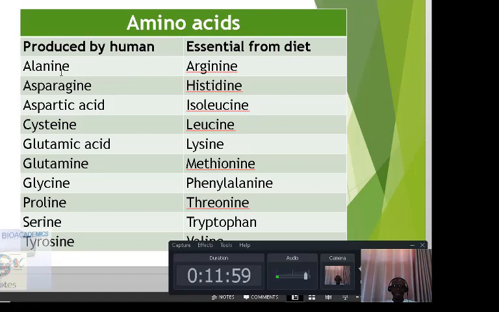So those that are produced by the human body, the non-essential, include alanine, asparagine, aspartic acid, cysteine, glutamic acid, glutamine, glycine, proline, serine, and tyrosine.